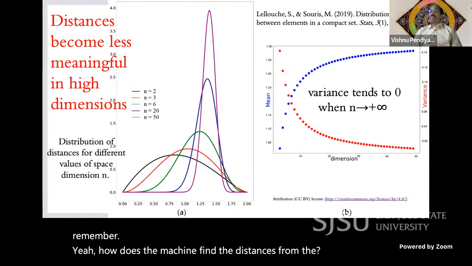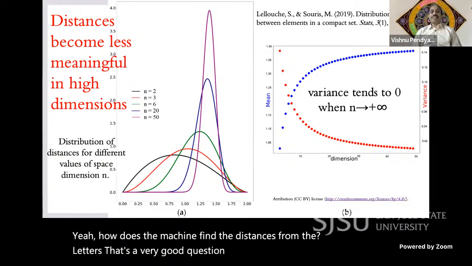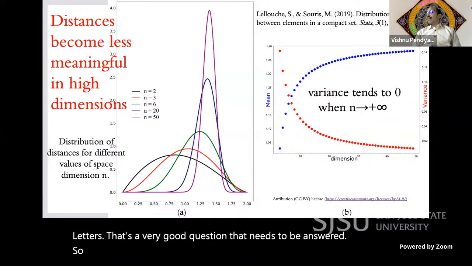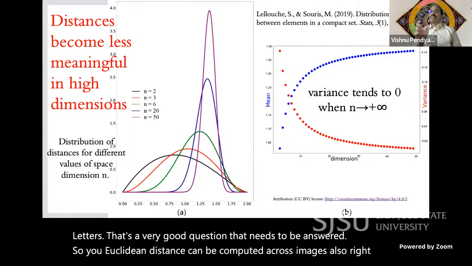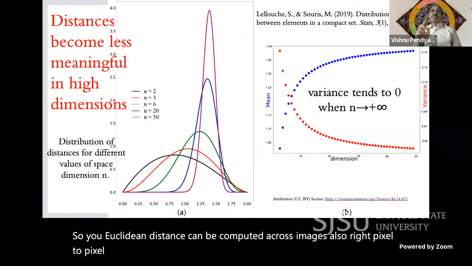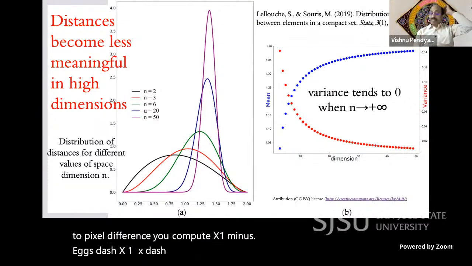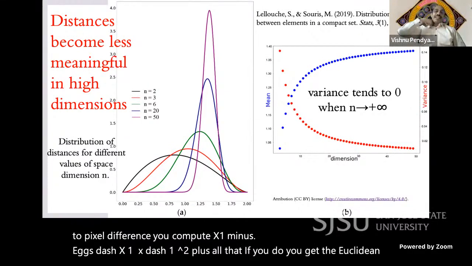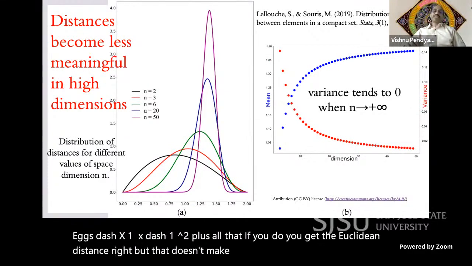That's a very good question that needs to be answered. So Euclidean distance can be computed across images also, right? Pixel to pixel difference. You compute (x1 minus x1')² plus all that. If you do, you get the Euclidean distance, right? But that doesn't make much sense for pictures, right?